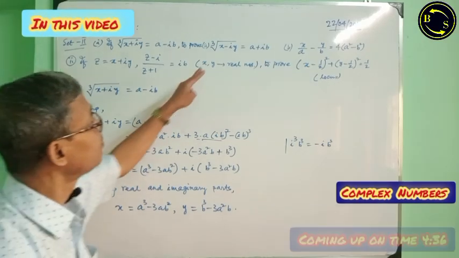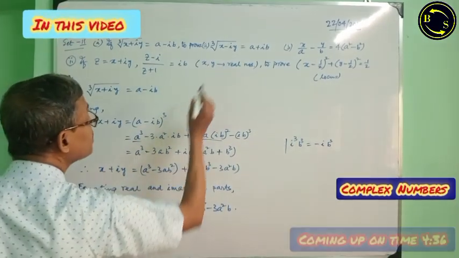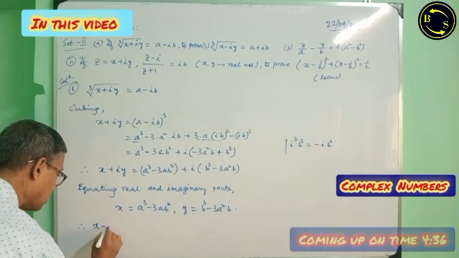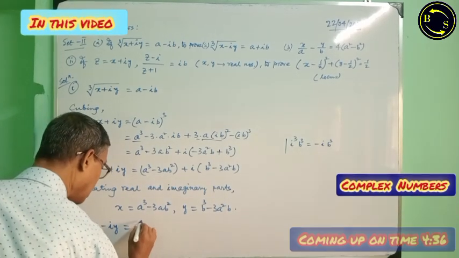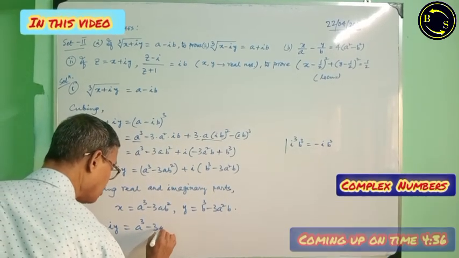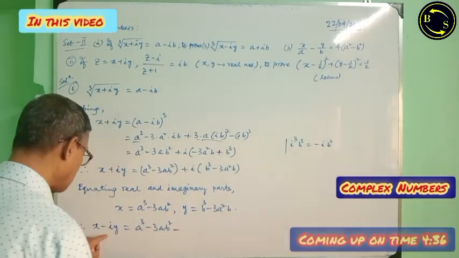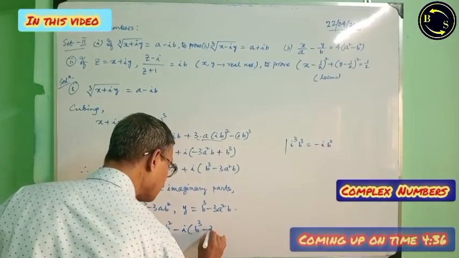Now for the first part, x minus iy. I calculate first x minus iy. Therefore, x minus iy will be equal to a cube minus 3ab square minus i into this.